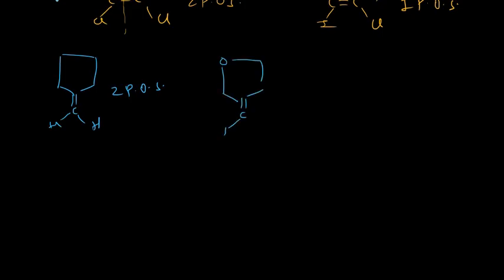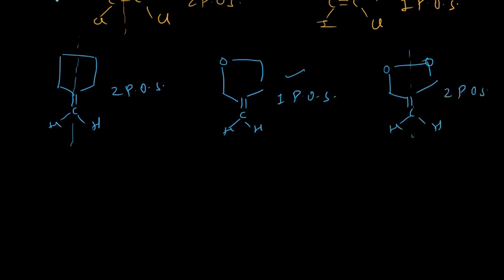This compound also has one plane of symmetry, right? Because of the intersection of the molecular plane and this plane, here simply the molecular plane. Now if we look at this hydrogen and hydrogen, it has this plane and one molecular plane, the two planes of symmetry.